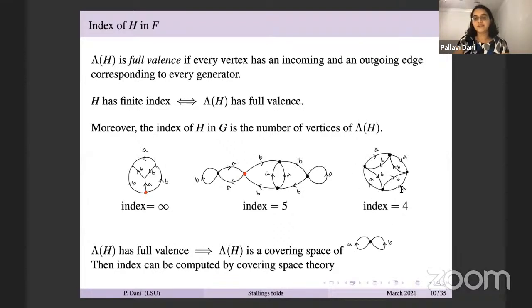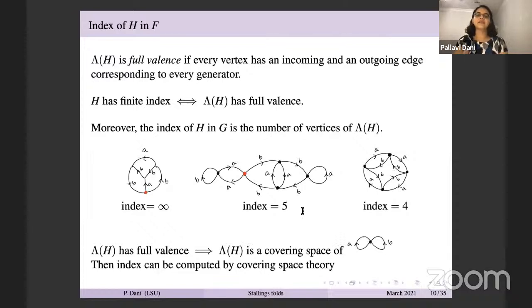So for example, in this case on the very right, if you pick any pair of vertices, there's some symmetry of the graph, which is label and orientation preserving, which takes one of the vertices to the other. Whereas that's very far from being true in the graph in the middle. So the graph on the right is a regular cover, whereas the graph in the middle is not. And so the graph on the right has a fundamental group that's normal in F, whereas the other doesn't.